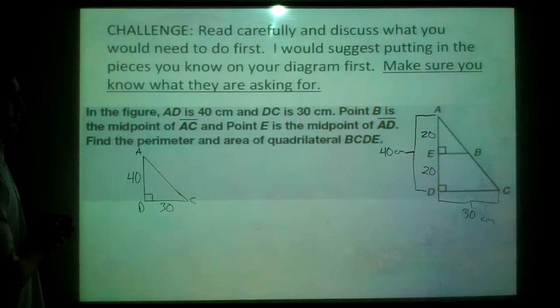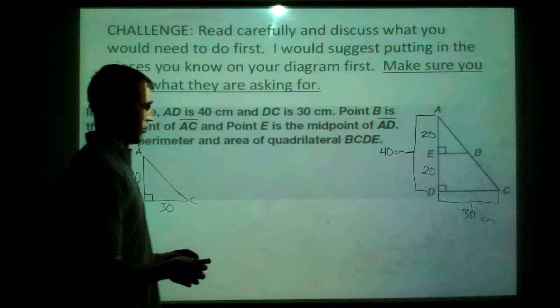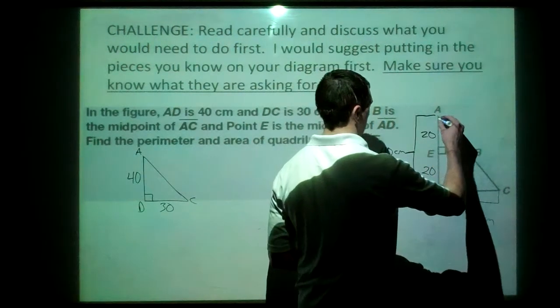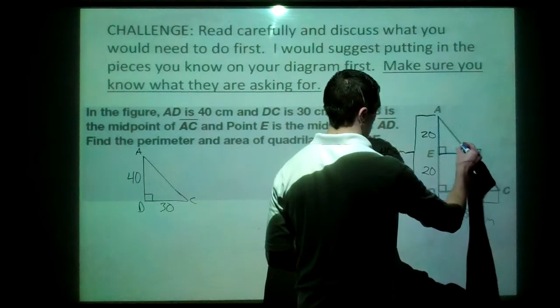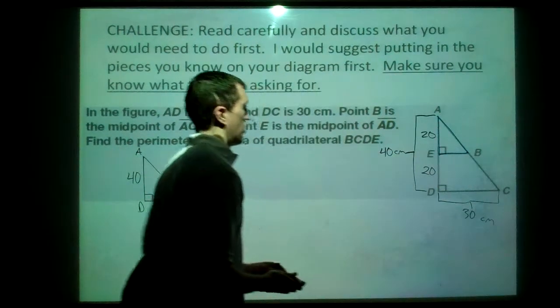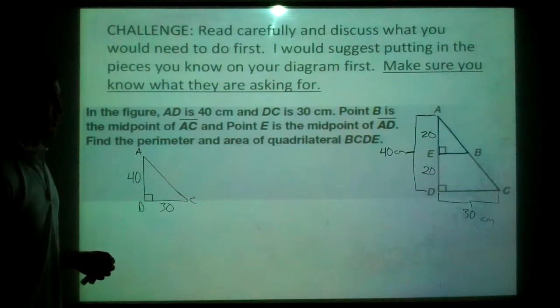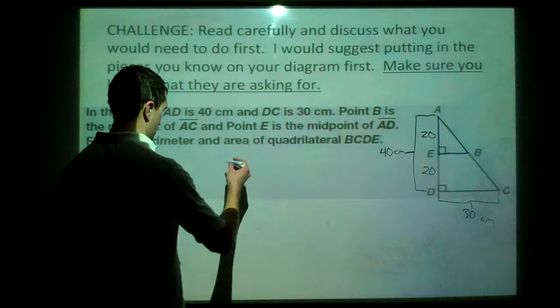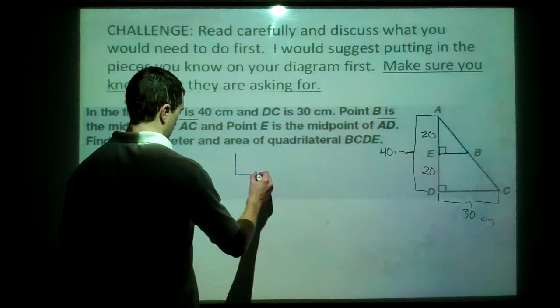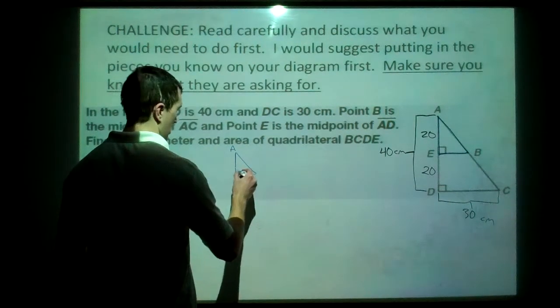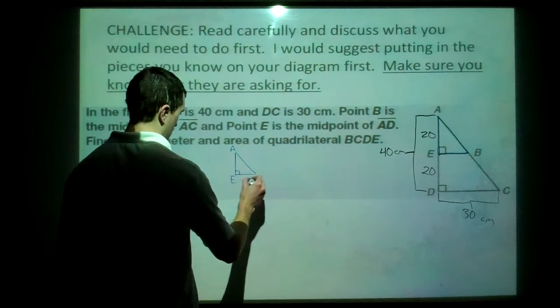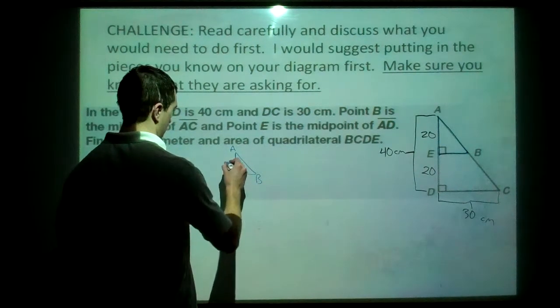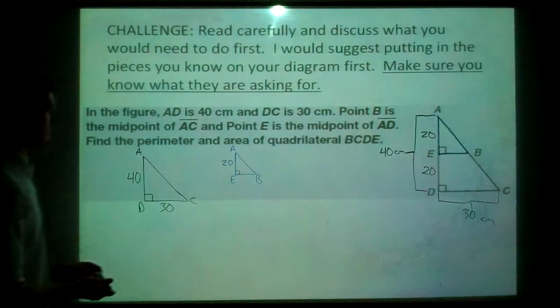And we have a smaller triangle in there, right here. And that is AEB. And all we know about that is that this side is 20.